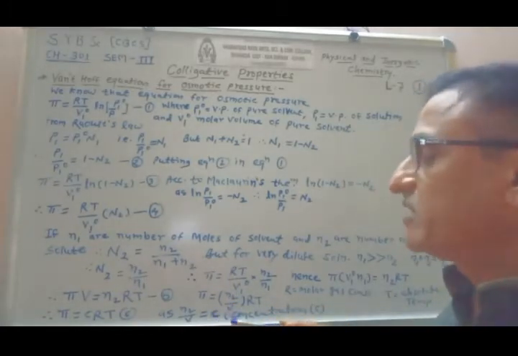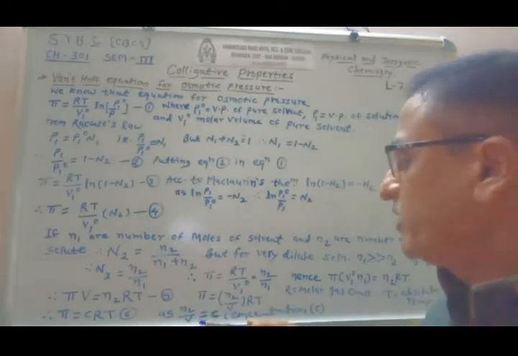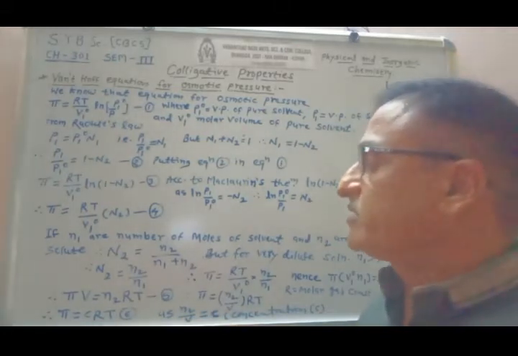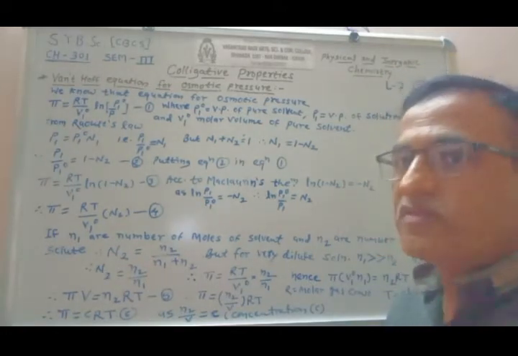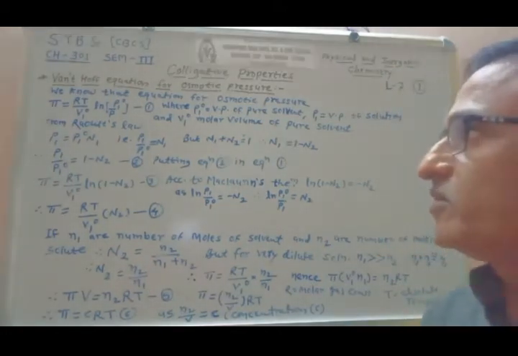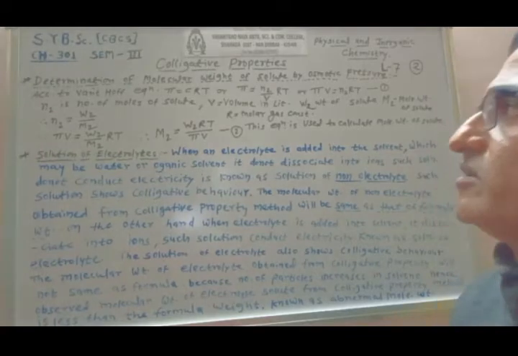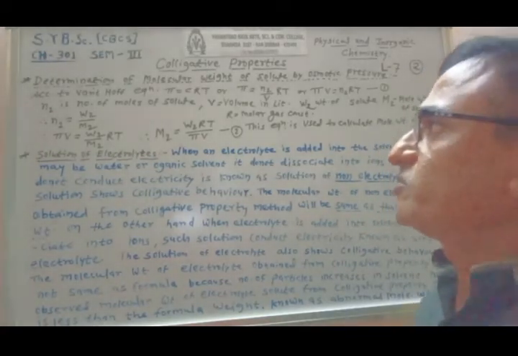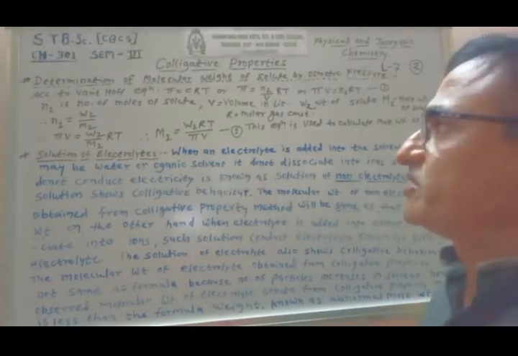So putting C, that is concentration, instead of n2 upon V in this equation, we get π is equal to CRT, call it equation number 6. This equation number 6 is known as the van't Hoff equation. Equation number 6 gives the relation between osmotic pressure π and the concentration C.